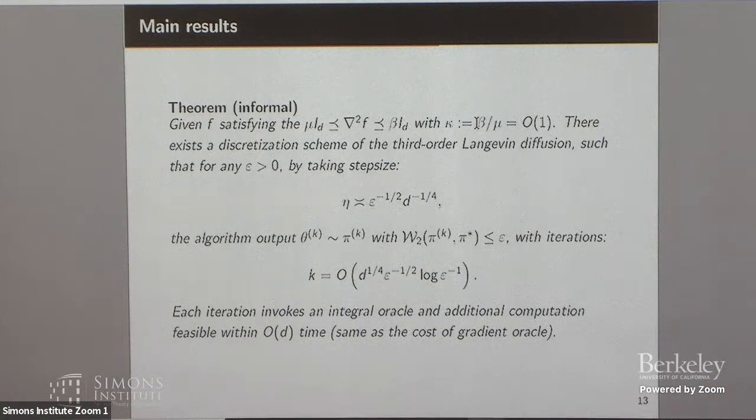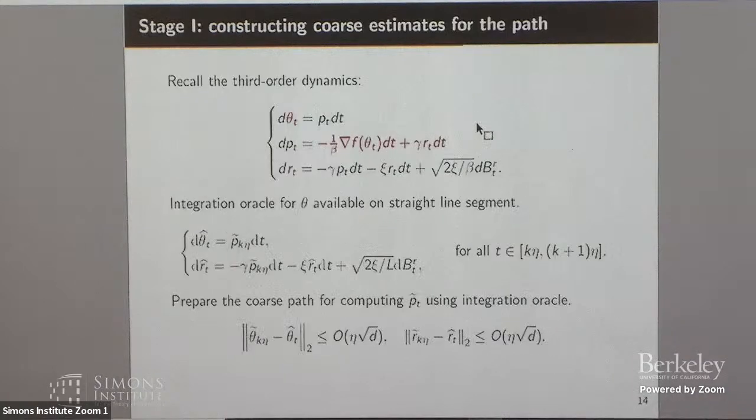So the per iteration cost is as cheap as computing the gradient, as long as your function satisfies some nice form. Okay, so that's how we discretize that. By the way, this discretization scheme is completely explicit, which means that you don't need to solve any fixed point equation to compute the one-step update. I can just explicitly write down a matrix, and based on this matrix, you can just update your iterate and get what you want.